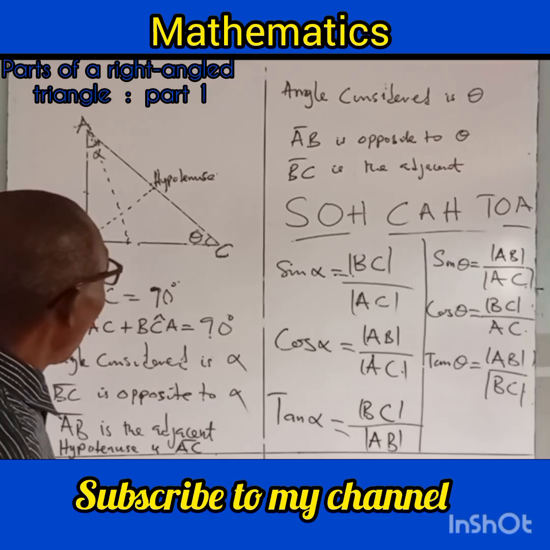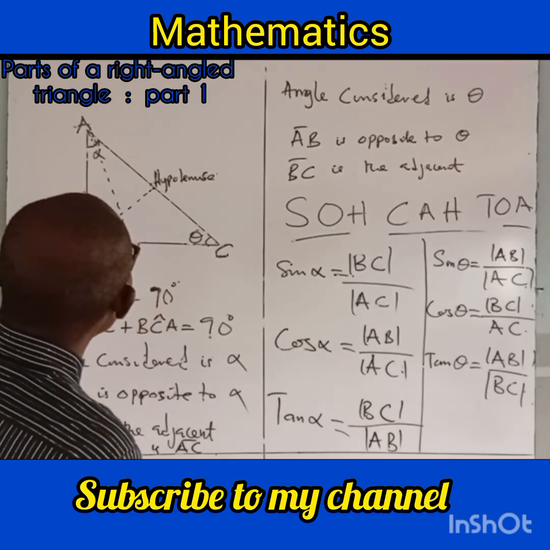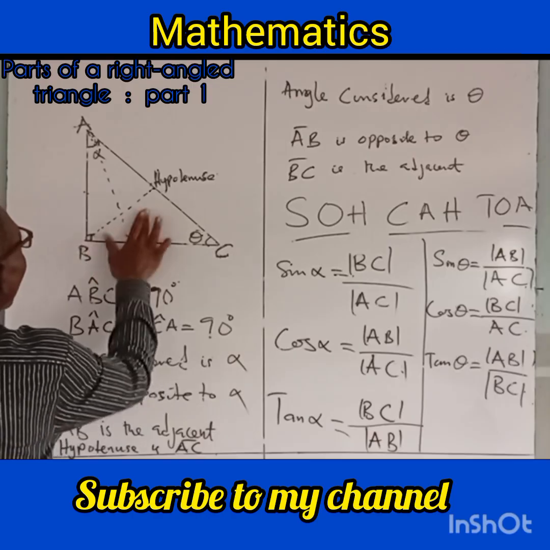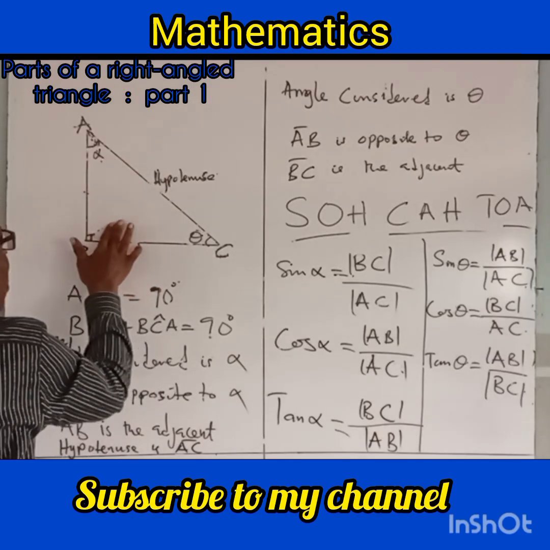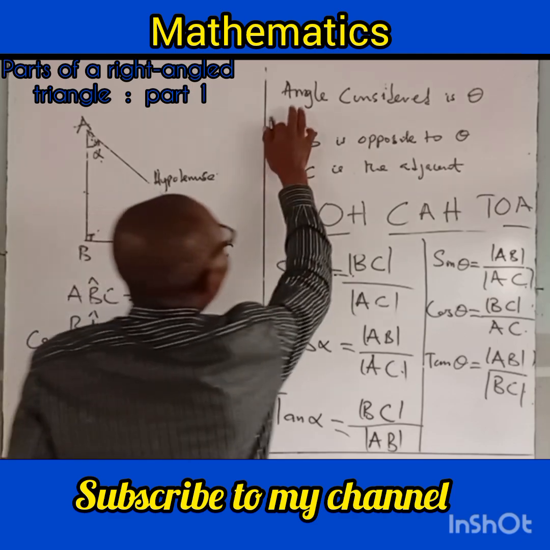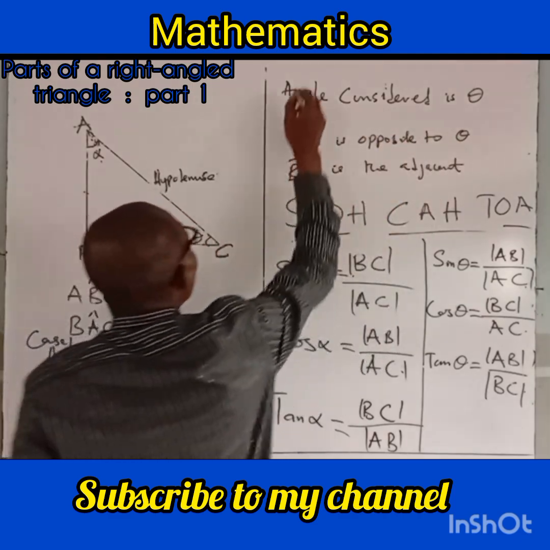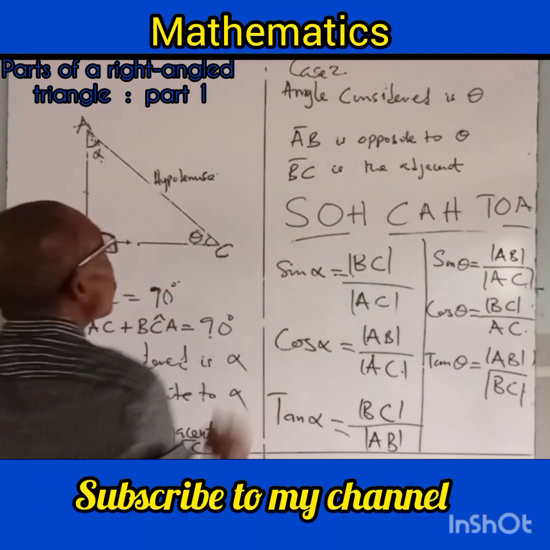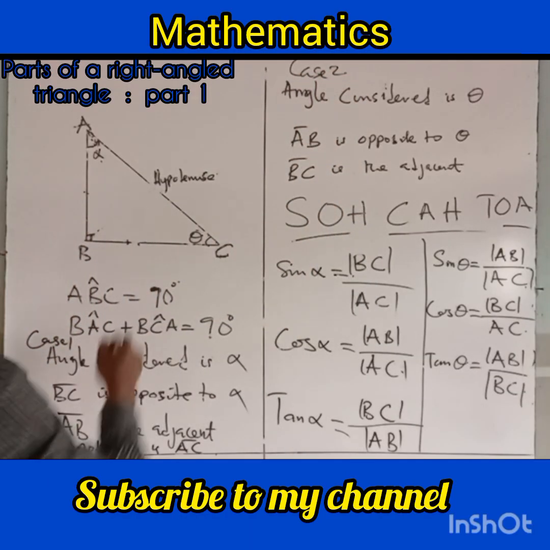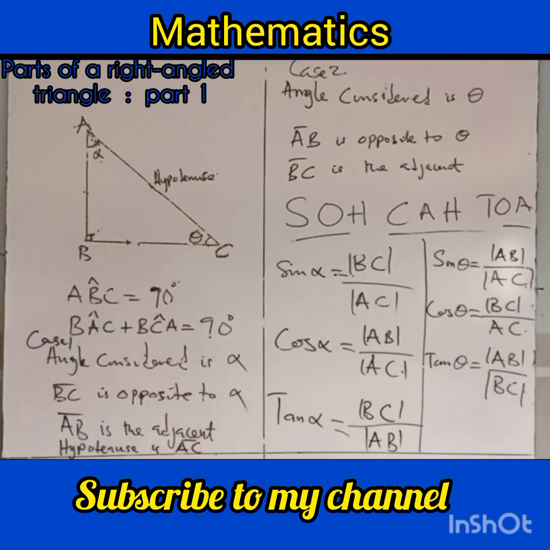Hypotenuse is AC. Let us quickly consider another angle. That is the remaining angle, theta. So the angle considered now in case 2 is theta. Now let us look at the side.